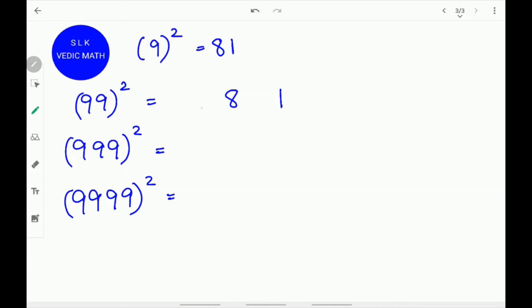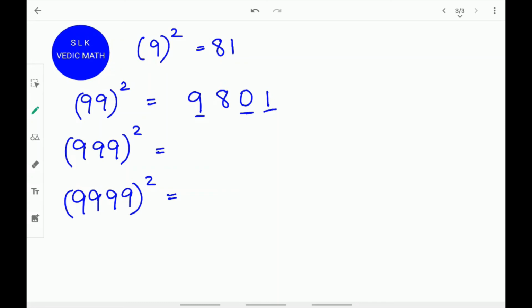There is supposed to be one digit on each side because there are 2 9s in 99. 1 less than 1 is 0. So write down the 0. 1 more than 8 is 9. So write down the 9. So 99 square is 9801.